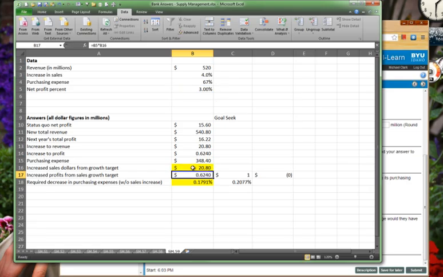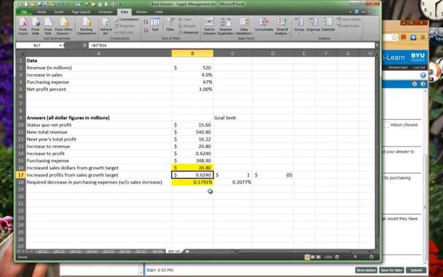The increase in sales, I want to make sure that's clear, is $20.8 million. And of that $20.8 million, we would only be able to keep $0.624 million in profit, or rather that would be our net profit given a 3% net profit percentage.